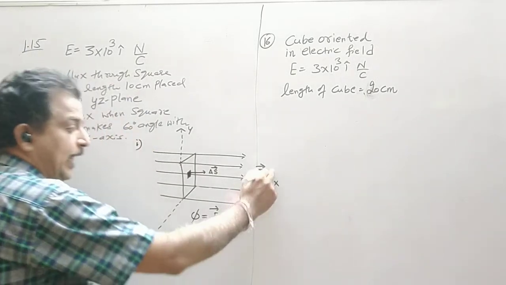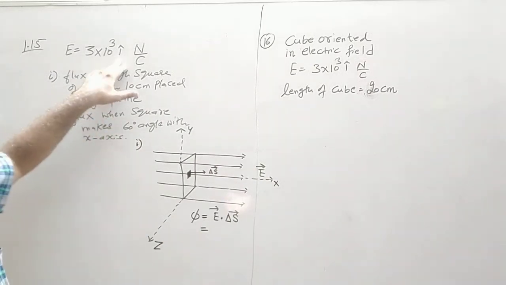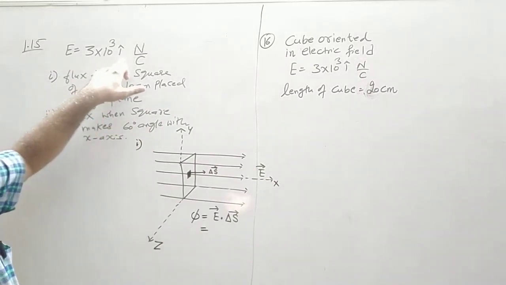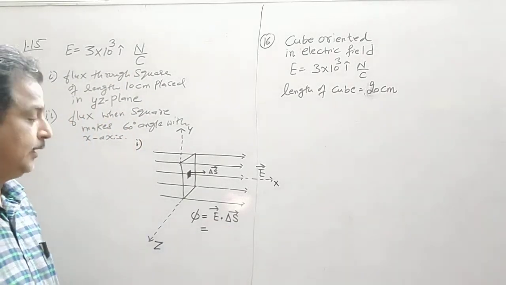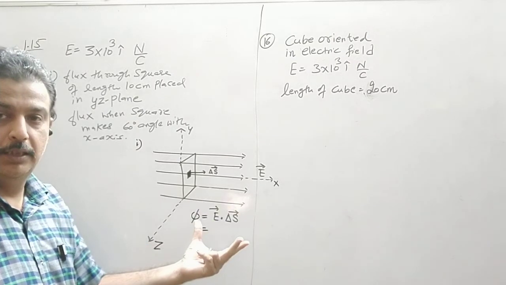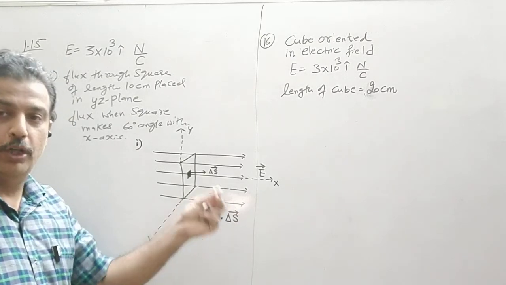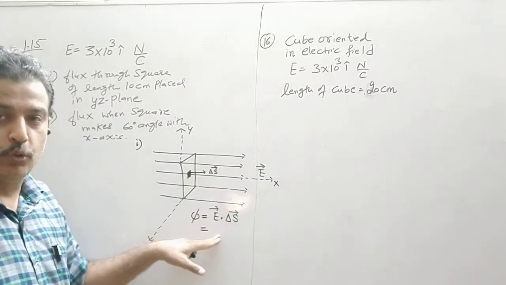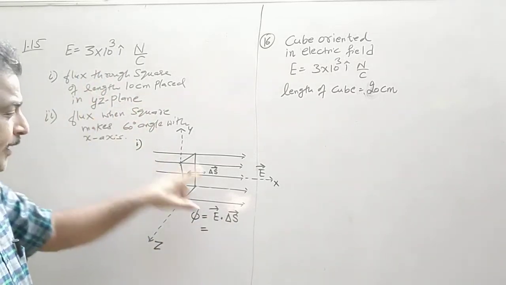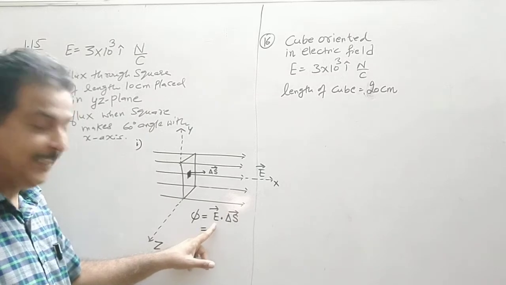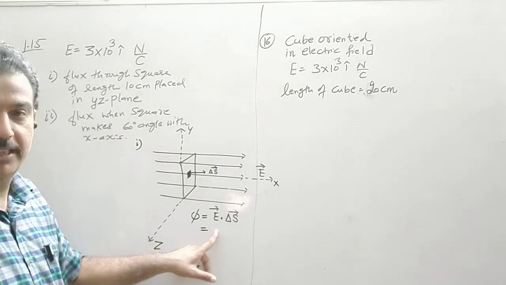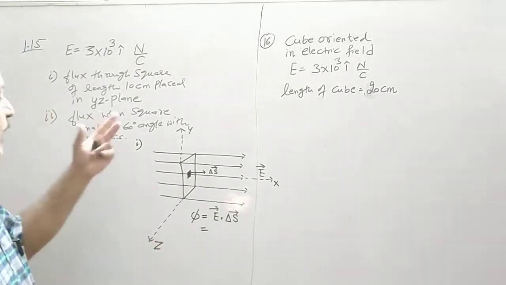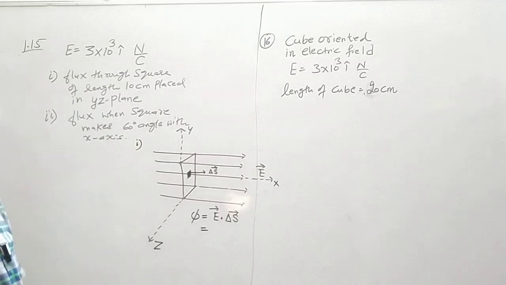Because the electric field is given in the form of a unit vector, in terms of a direction, I can evaluate the dot either by taking the dot product of these two quantities or by putting in the angle between them. Here it is clear that the angle is 0. So I can also write E delta S cos 0. Cos 0 is 1. So it will be E, meaning magnitude, into delta S, which will be the magnitude of the area of the square. Here the length is given, we will find out the area.